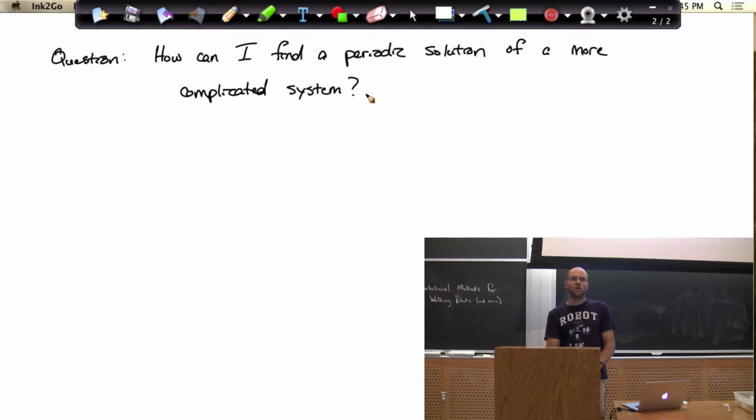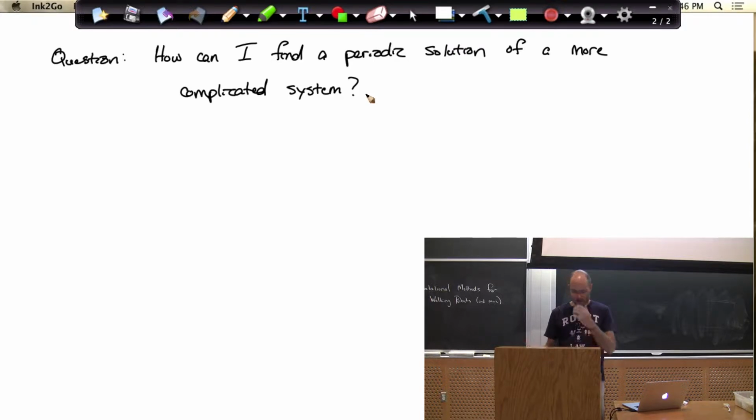Right? So if it's as stable as the rimless wheel, you could just start simulating and hope that it falls into the limit cycle you're looking for. But our goal as control designers is to do things like stabilize the unstable systems, right? So that's not going to necessarily work. In general, we might want to find a periodic system that requires some non-zero control input in order to make it a periodic solution.